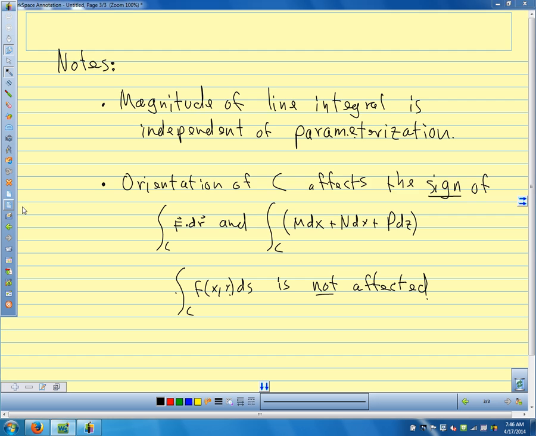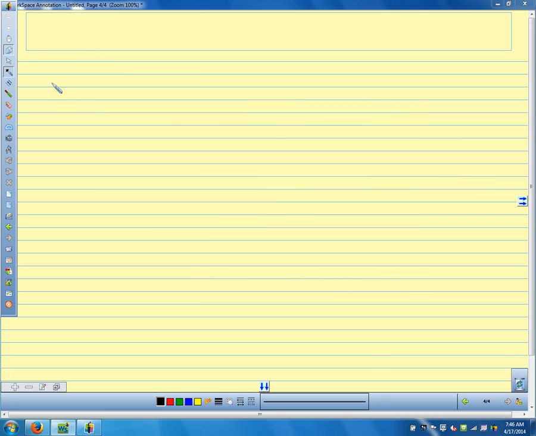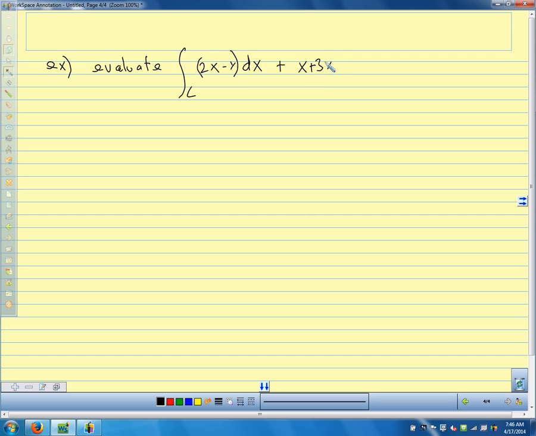All right, let's look at a couple of examples. So this first example, we're just going to evaluate a line integral in differential form. We want to evaluate this line integral of 2xy dx plus x plus 3y dy.